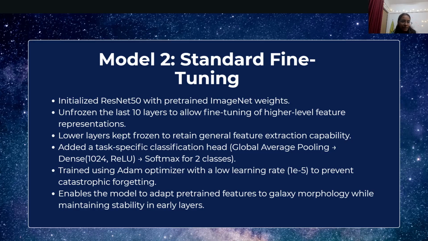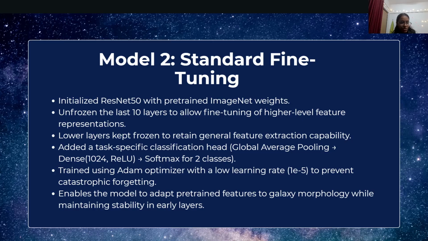On top of the network, we added a task-specific classification head composed of a global average pooling layer to condense feature maps, a dense layer with 1024 neurons and ReLU activation to learn domain-specific features, and the final softmax layer for classifying galaxies into two categories, elliptical or spiral.